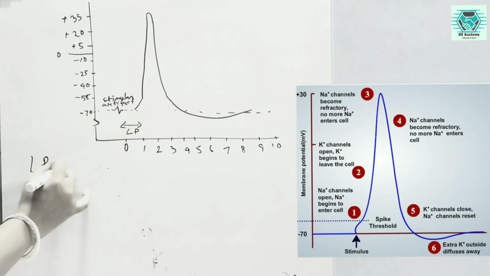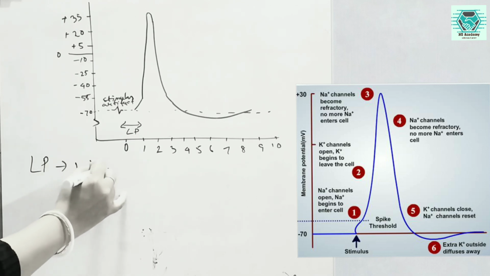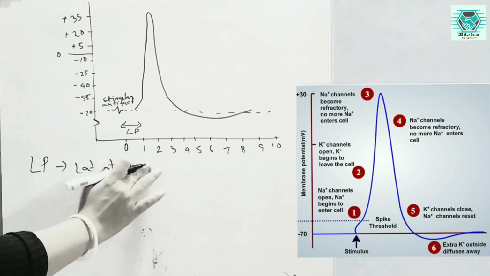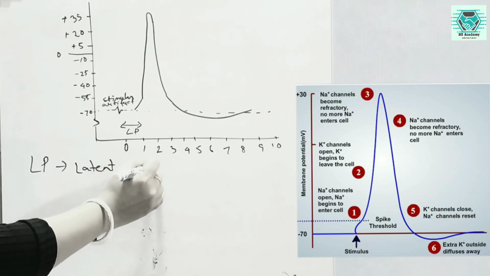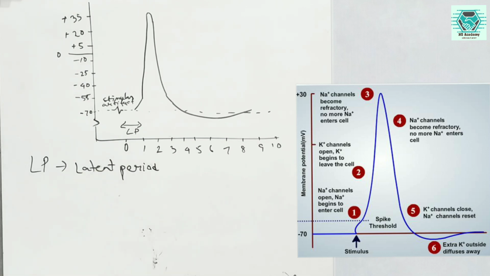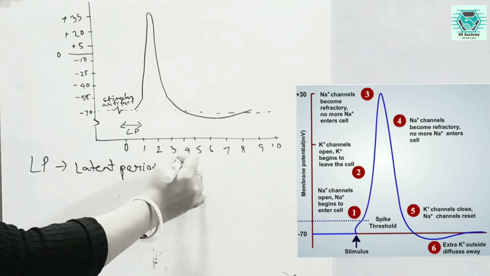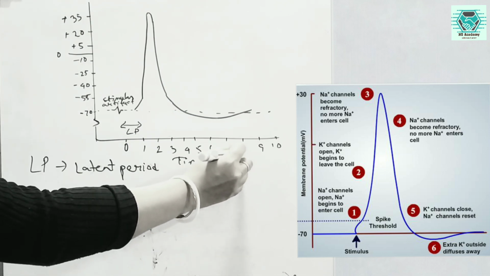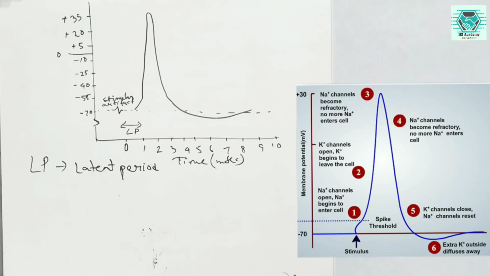LP is latent period. So this is the time and this is the mV.